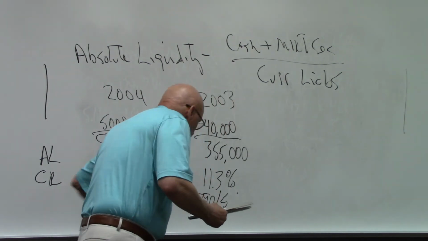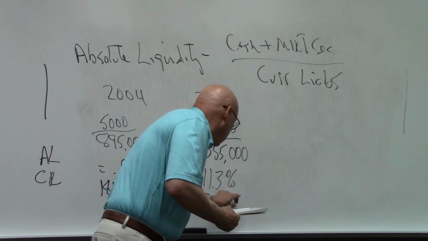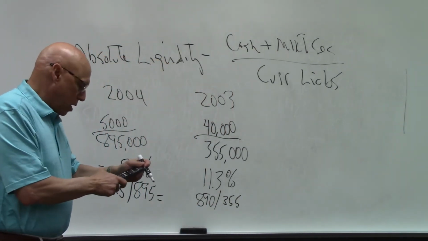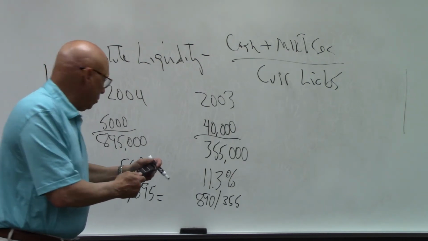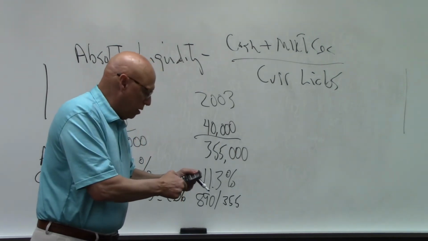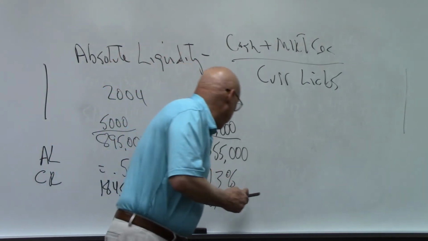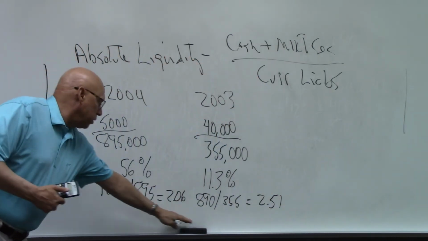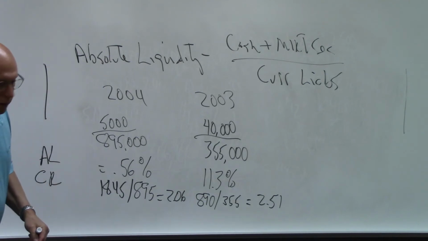Whoops. All right, so let's do this. 1845 divided by 895 is 2.06, and 890 divided by 355 is 2.51. All right, so the current ratio has dipped as well, not as much as their absolute.